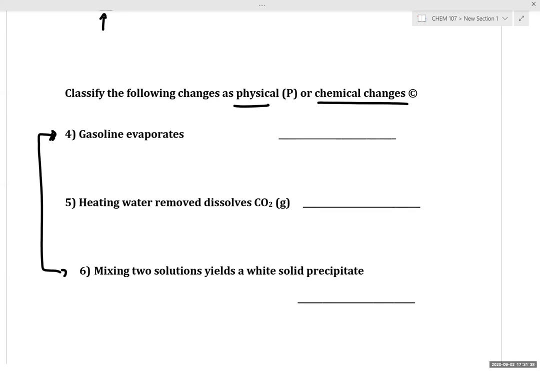And then remember as well that physical changes and physical properties can include solubility or phase changes. These are some major changes that are physical changes. So we'll give you a few more minutes on this example, and then we'll discuss in about another 2 minutes.